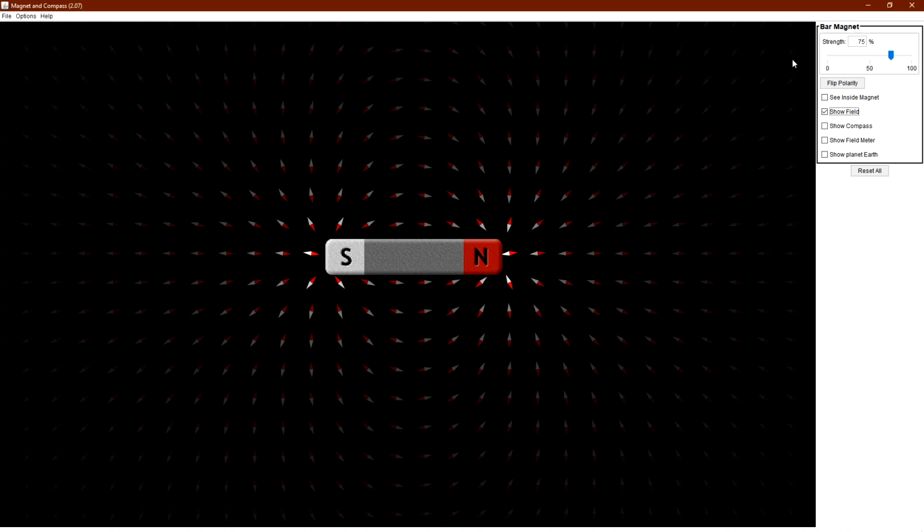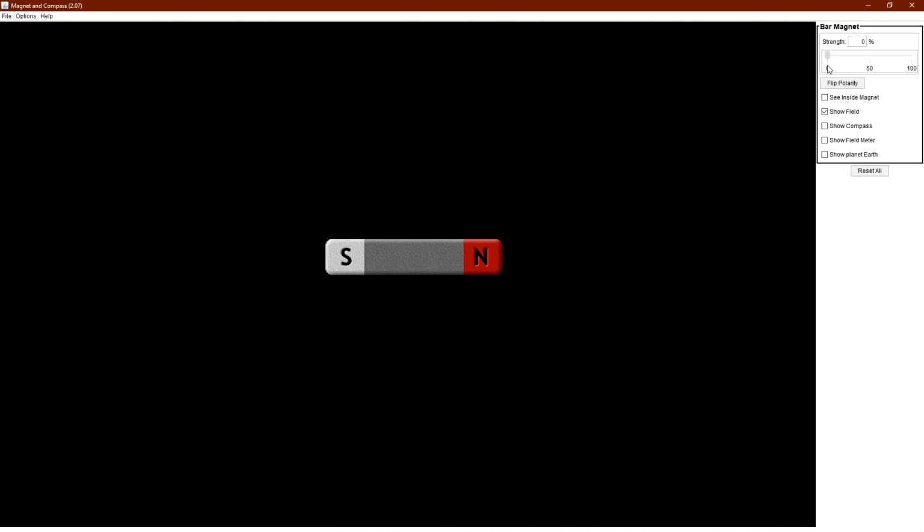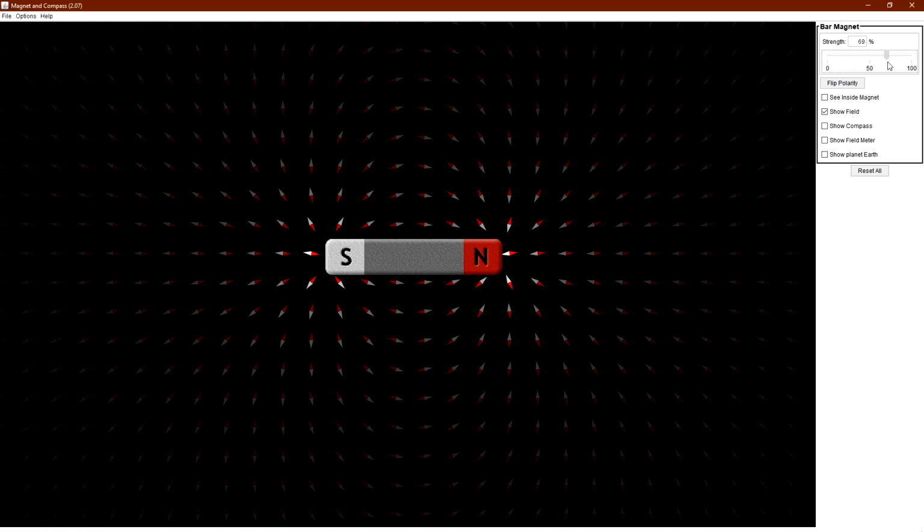There we have a weak force. And what if I decrease strength? You see? So this is one way of showing magnetic field.